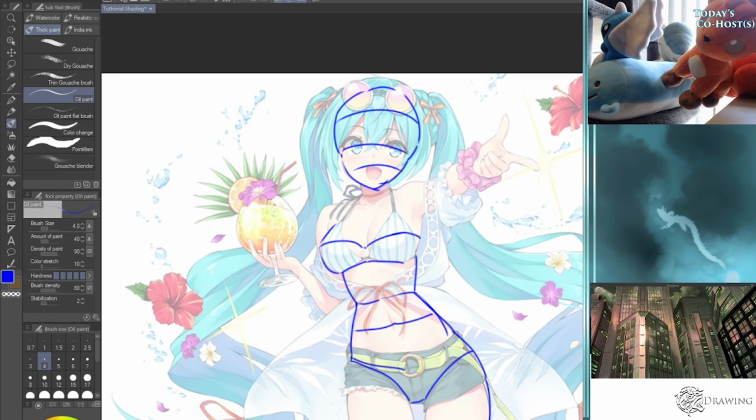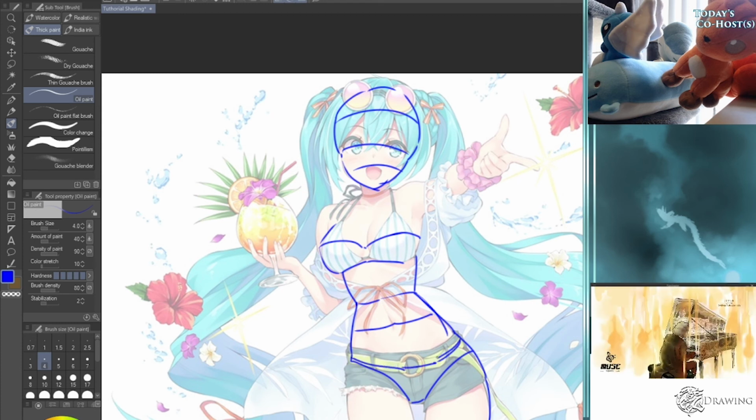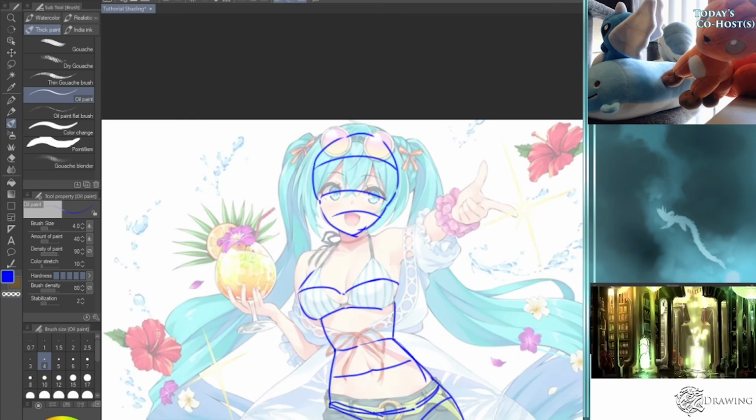See how the belt actually does a great job of following these lines? You can also see how the bra follows these lines too. Knowing these lines is just generally very good.